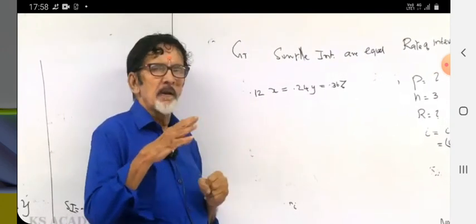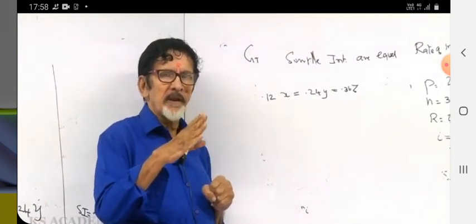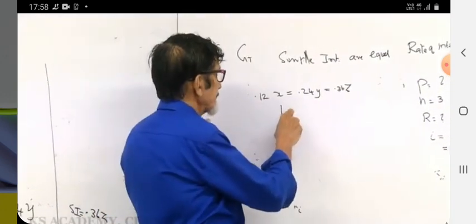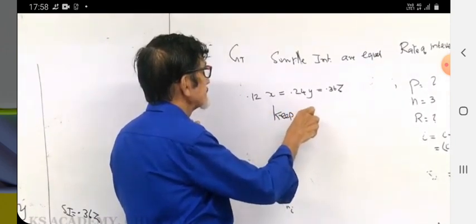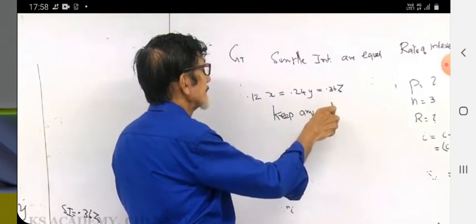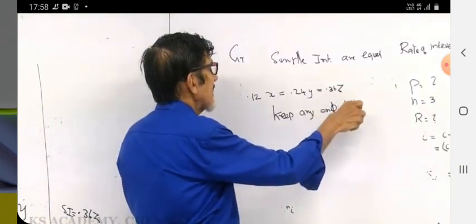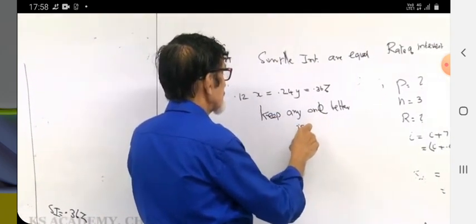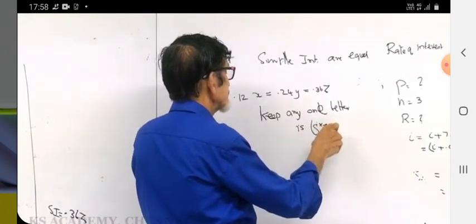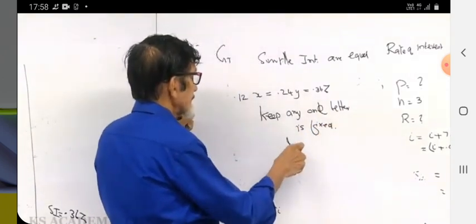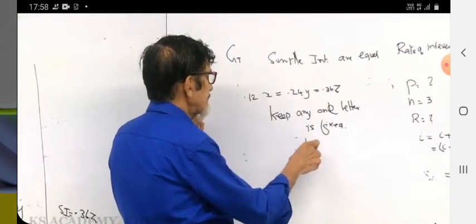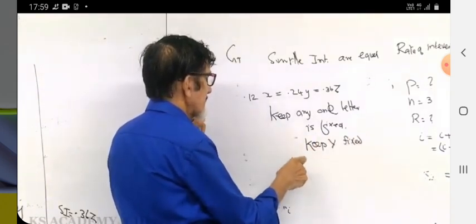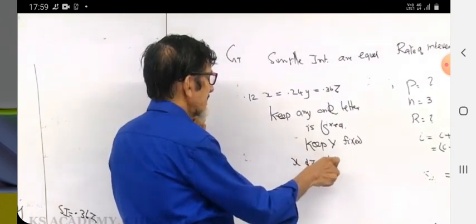I am going to keep Y as it is. Keep Y fixed. X and Z should be expressed in terms of Y.